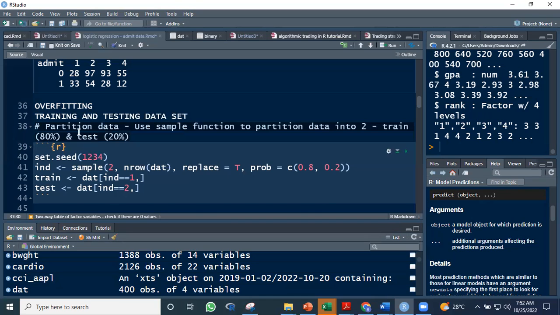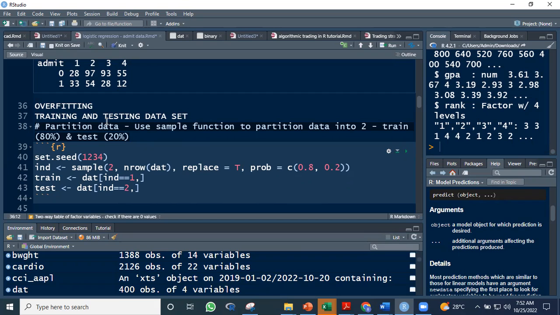We're going to model the training data set, and then use the remaining part, the testing data set, and see if the model that we generate from the training data set also works with the testing data set. So that will prevent overfitting.